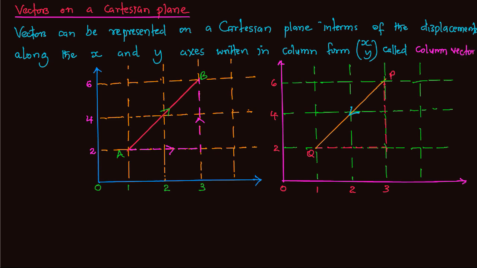For example, in the first diagram, diagram A, we have vector AB.